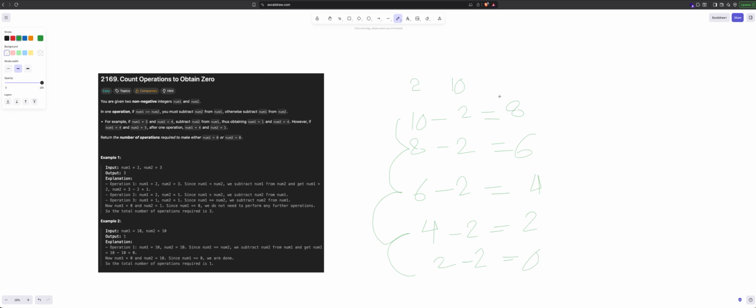So how can we do that? We can simply find the remainder, or divide by 2. So 2 times 5 is 10, which leaves a remainder of 0.